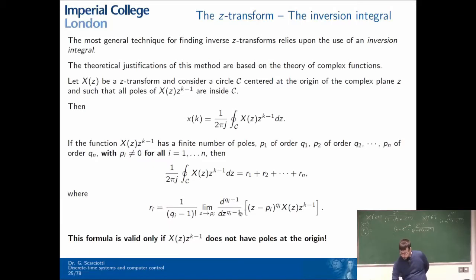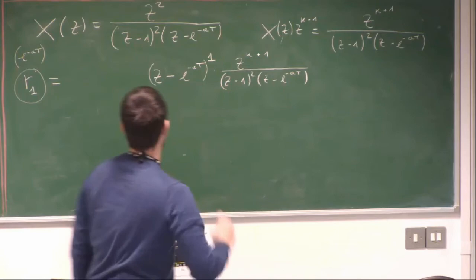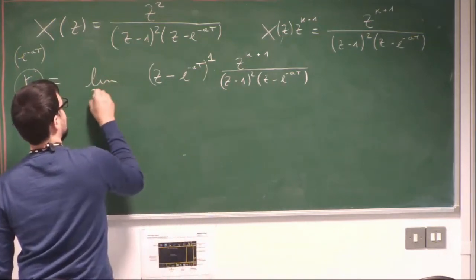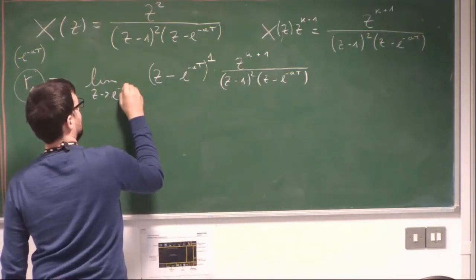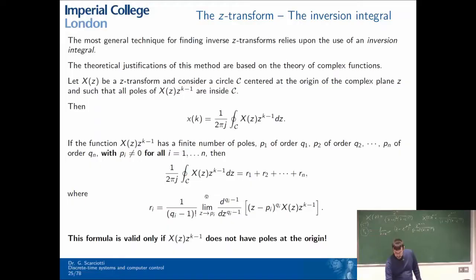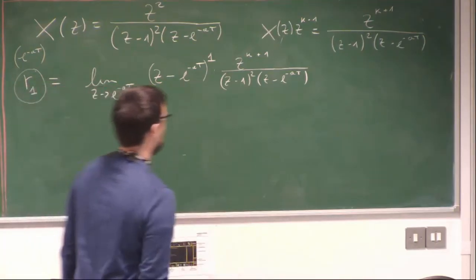Now we have to compute the derivative of the order of this pole minus 1. The order of the pole is 1, so 1 minus 1 is 0. The zeroth derivative is actually no derivative, so we don't have to do any derivative. Then we have to compute the limit, so the limit as z goes to e^(-at) of this expression. And then we have to multiply by this coefficient. Again, the order is 1, so 1 minus 1 is 0, the factorial of 0 is 1, 1 divided by 1 is 1. So it's just this expression over here.